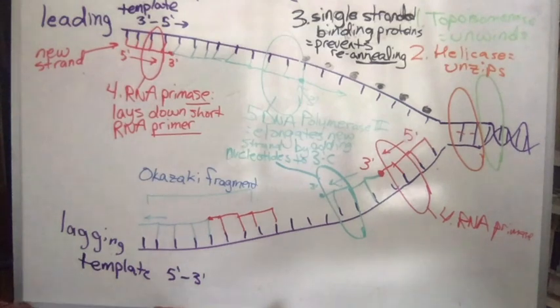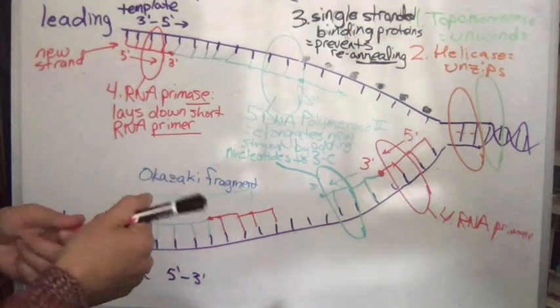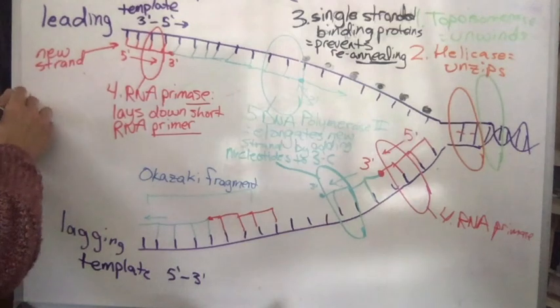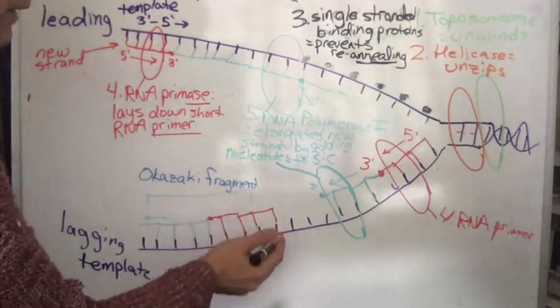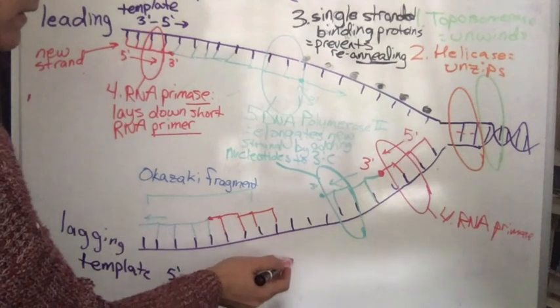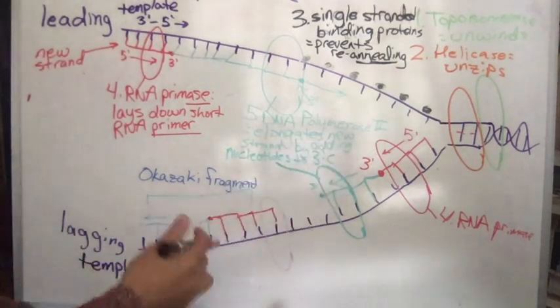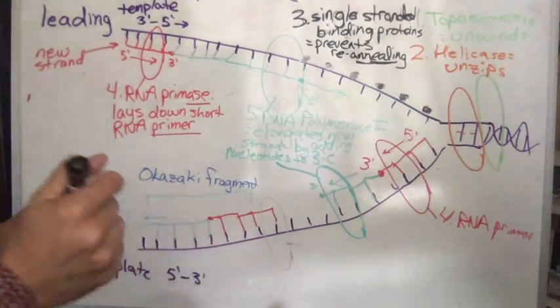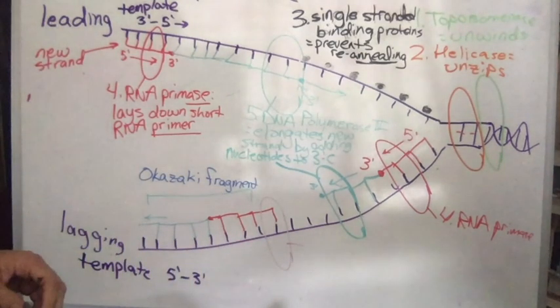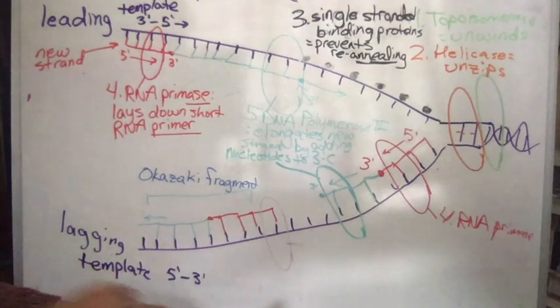Herein enters our next enzyme. I'll draw on the lagging strand because it's easier to draw. I'll draw it in blue.